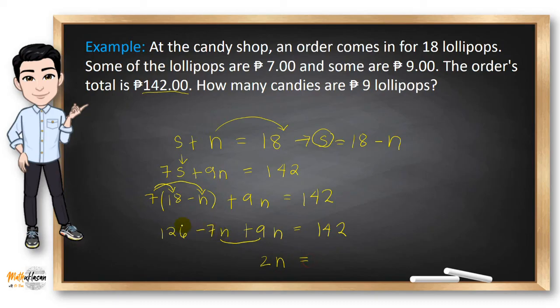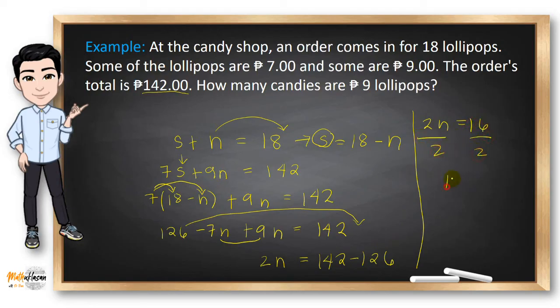And transposing the value of 126 to the right side will give us 142 minus 126. Now, 142 minus 126 is 16. Divide both sides by 2, we'll have N equals 8.